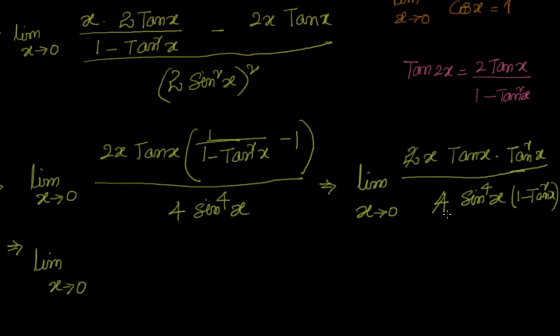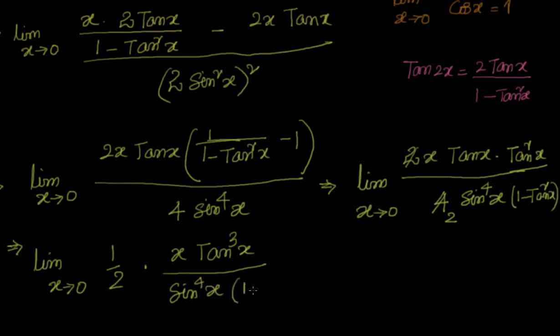So I can say limit x tends to 0. Now 2 will go 2 times, so I will have 1 by 2 into x tan cube x, divided by sin to the power of 4 x into (1 minus sin square x by cos square x).